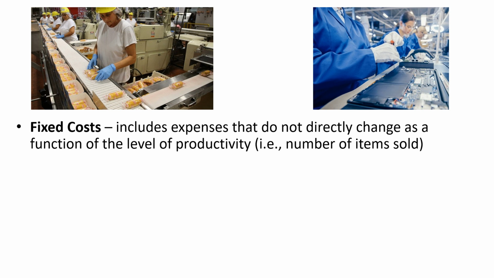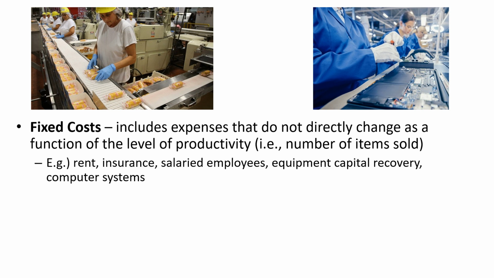Or the fixed cost could be the safety gear that the employees are wearing, or the rent for the facility. So there's a variety of different things, including employee salary for people who get paid on a monthly basis who aren't hourly employees. So management is often considered a fixed cost.